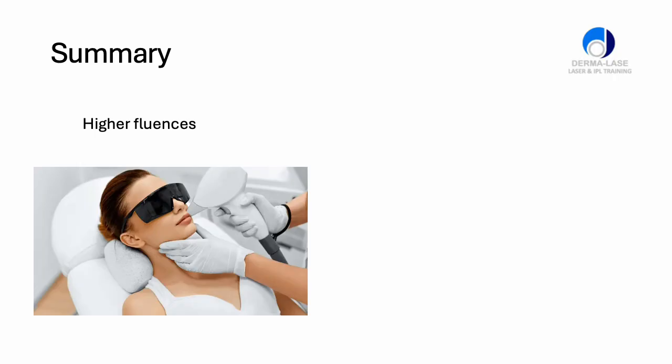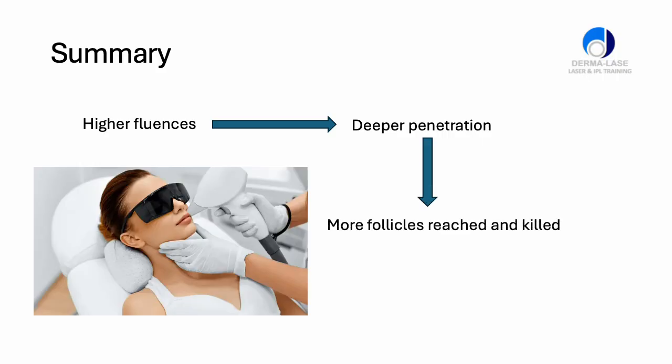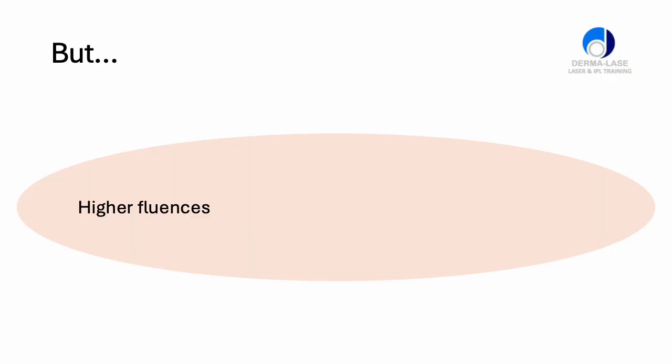So in summary, a higher fluence will penetrate deeper into the skin compared to a lower fluence. This then means that more follicles can be reached and fully denatured or killed, and therefore you get more successful results. So it's quite straightforward really. Higher fluences will give you more success.